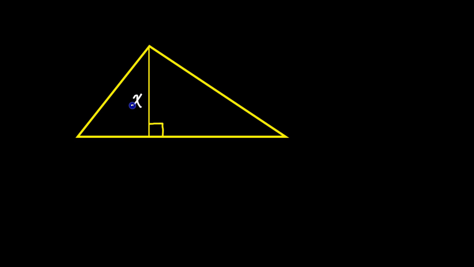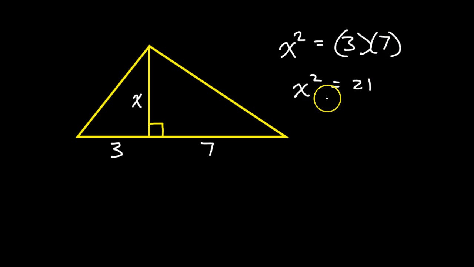Say I knew that this was x and I knew that this was 3 and this was 7. That formula would say that x squared is equal to 3 times 7. So x squared would equal 21, and x would wind up being the square root of 21. That's what that formula is saying.